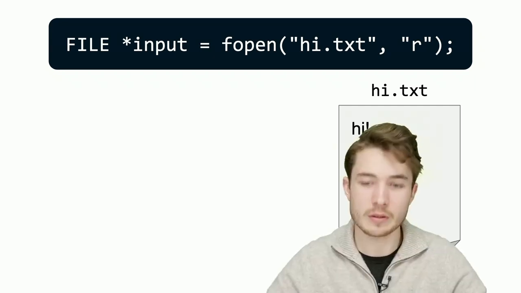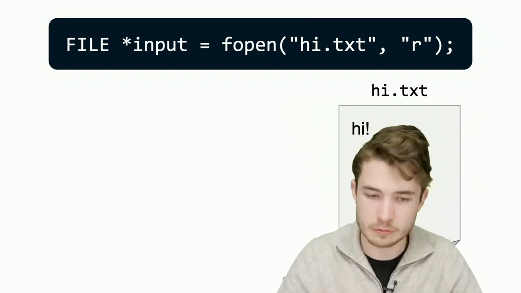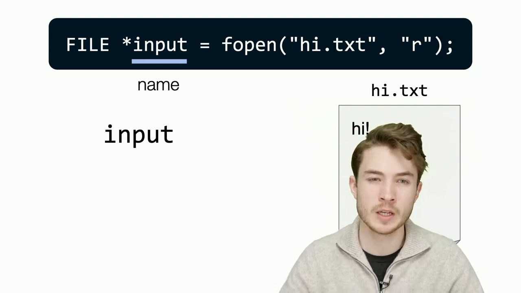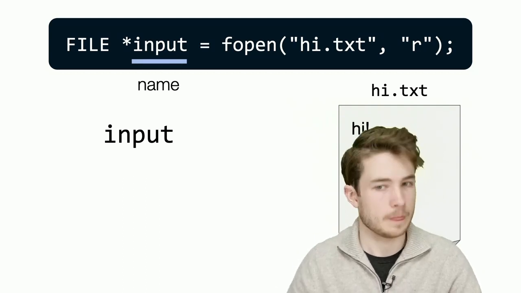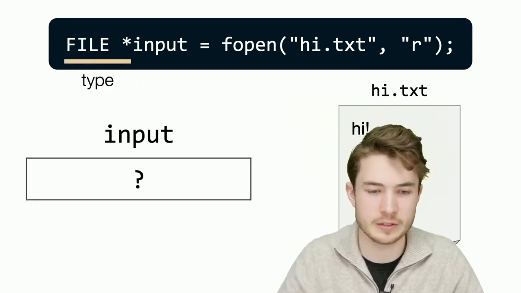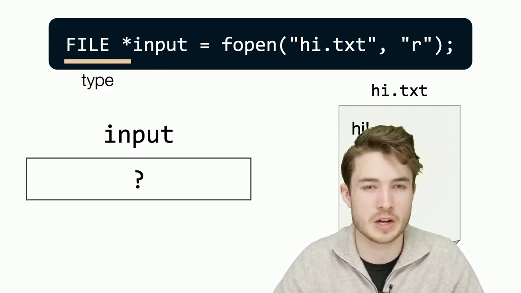And this is maybe a lot to take in at once, so let's break it down as a whole. First, what we're doing is giving something a name. We're creating some variable and calling it input. OK? But we also have some other pieces going on here. Let's look at this. We have a type for this variable we're creating called input.